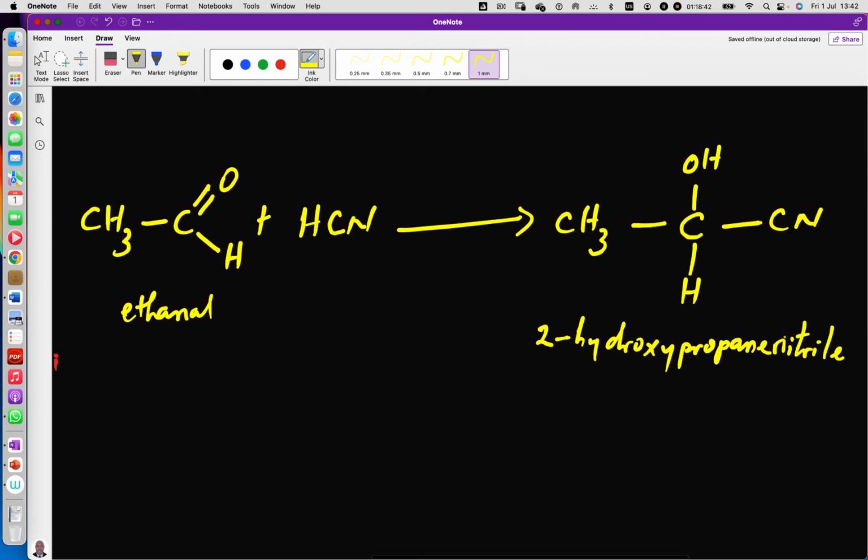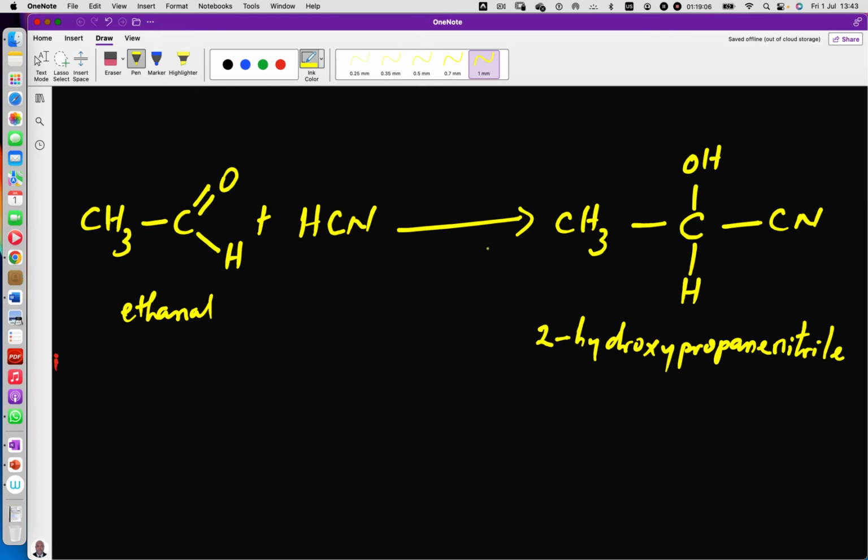There is something which is very important in this type of reaction. Reaction with hydrogen cyanide leads to the addition of an extra carbon atom. The carbon chain increases as a result of this type of reaction.